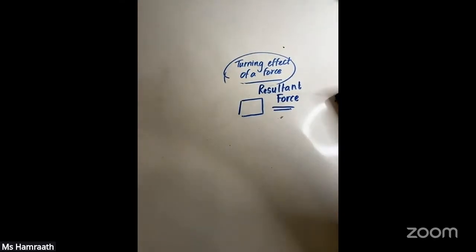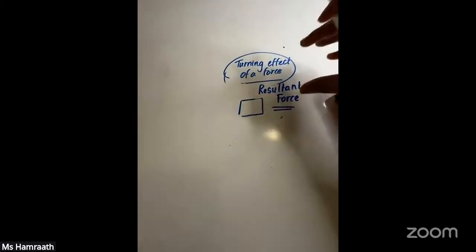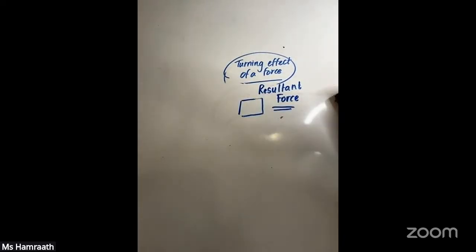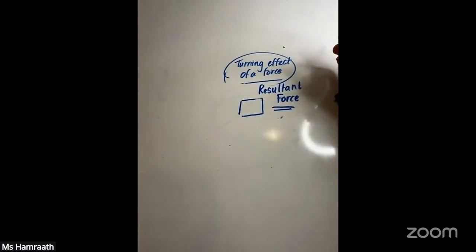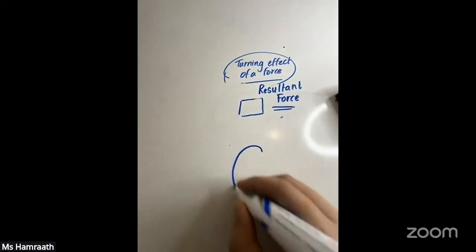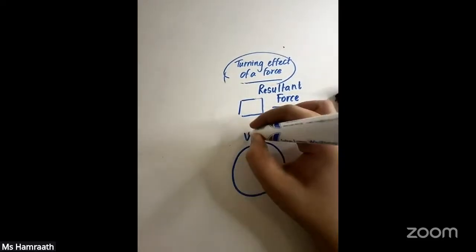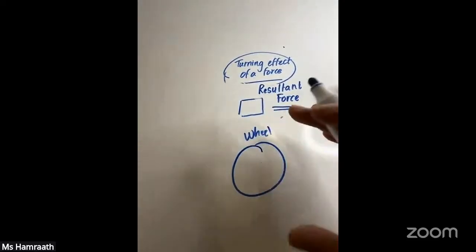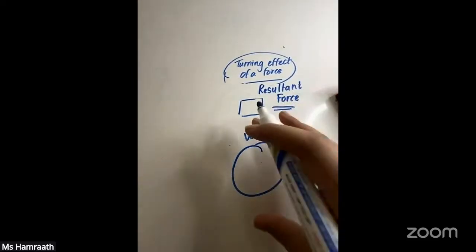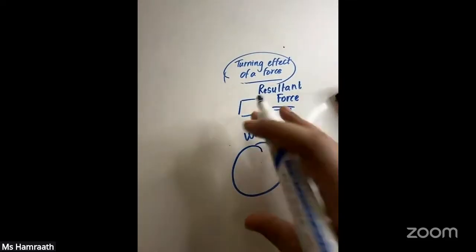What you have to understand is that the final force after you are pushing or pulling is called the resultant force. Say, for example, there is a wheel. If I need to rotate the object and I apply the resultant force, is that enough?